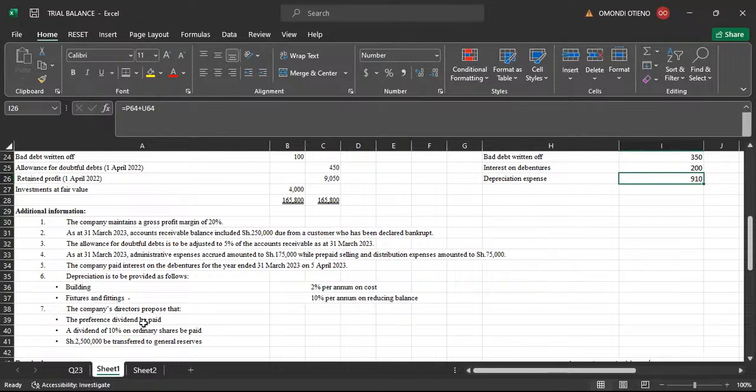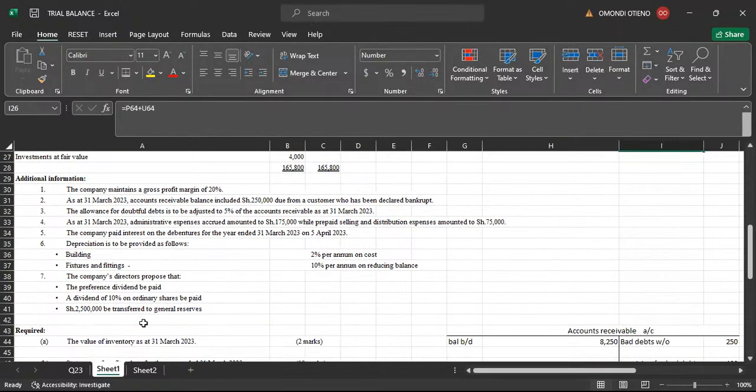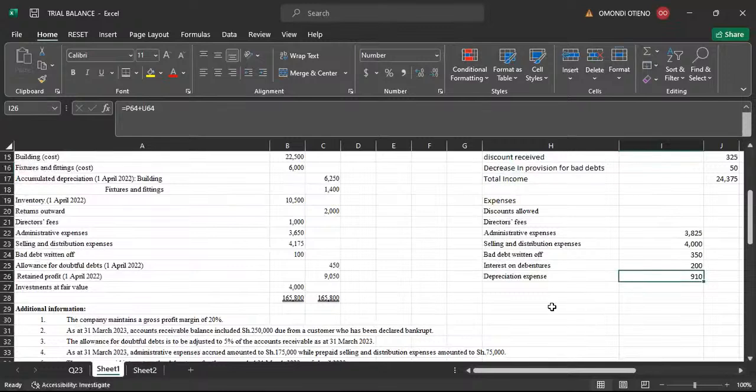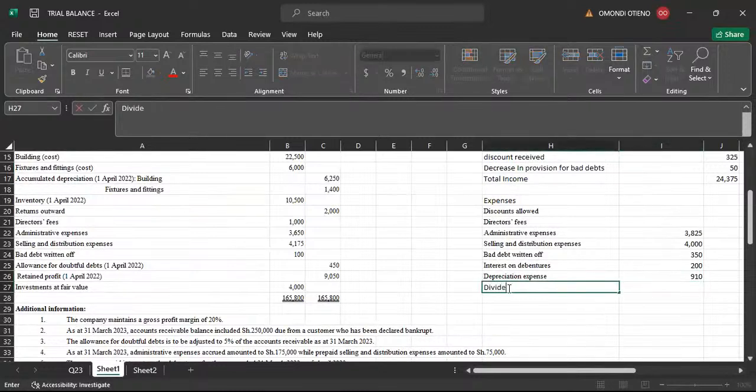They just proposed that the preference dividends be paid, and then the dividends of 10% on ordinary shares also should be paid. We can combine them for preference and ordinary.